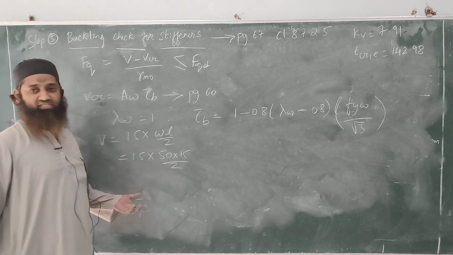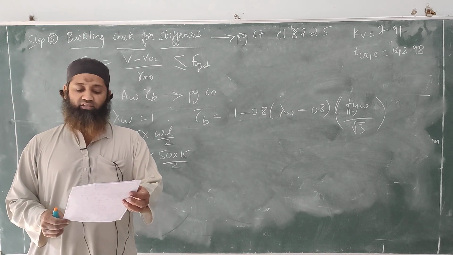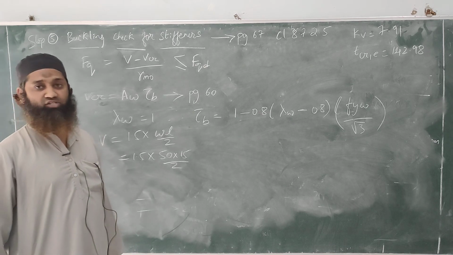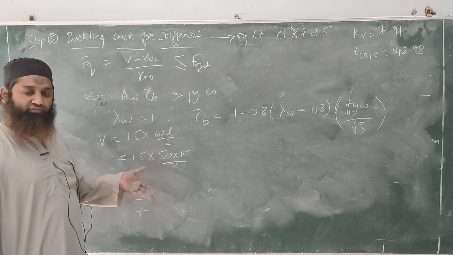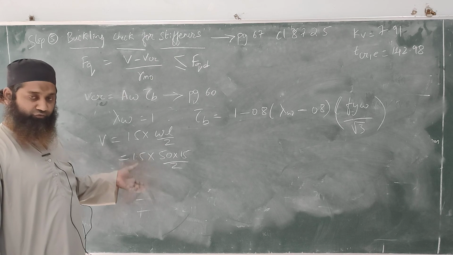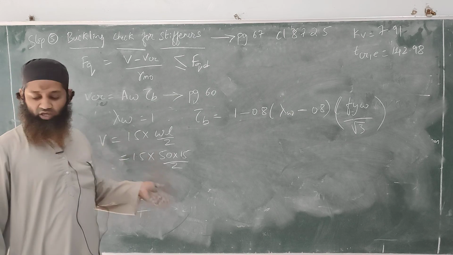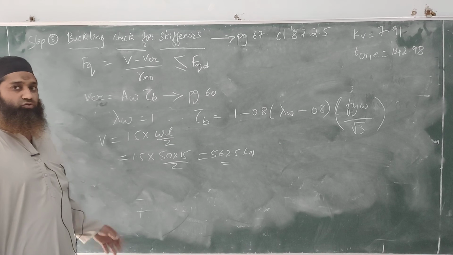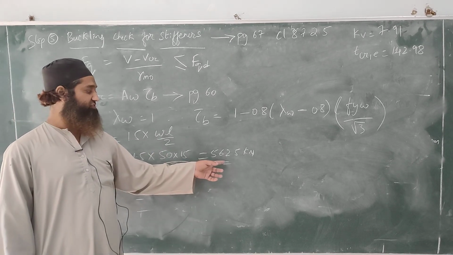Please remember, it is given in the question. So we are seeing what is the uniformly distributed load coming onto the girder, and depending on that we are calculating this ultimate shear force, maximum shear force. 1.5 into 50 into 15 by 2, that is 562.5.